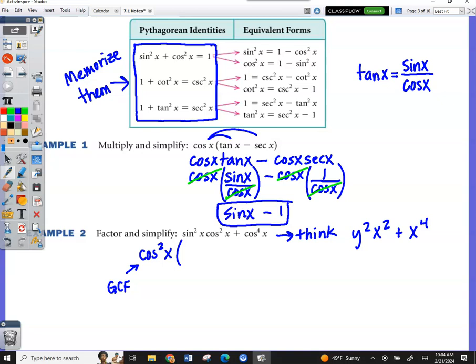What would be left from the first term? Sine squared. Copy the plus. Cosine squared. And then I would always encourage you to multiply it back in your head as a checkpoint and make sure you get what it came from. If you multiply this back and you don't get what you came from, you've done something wrong.